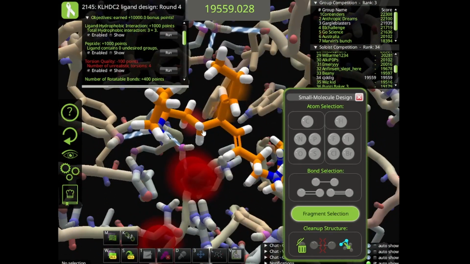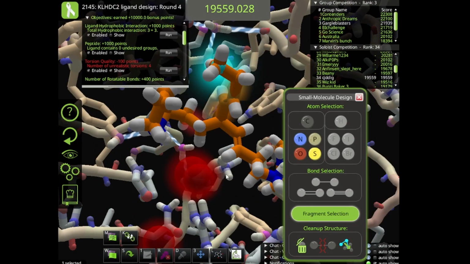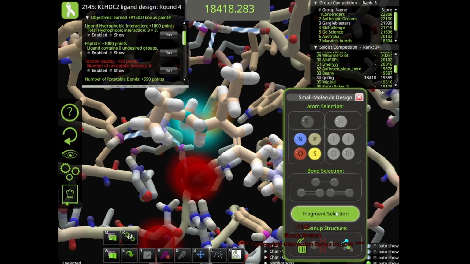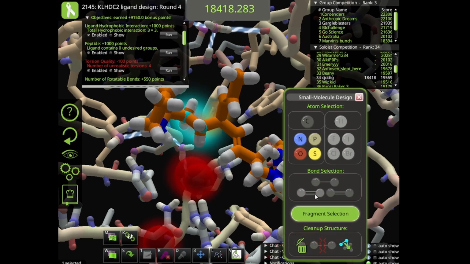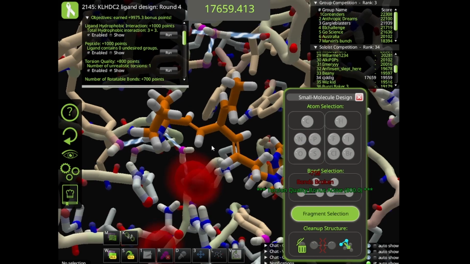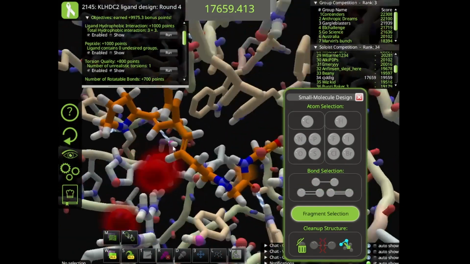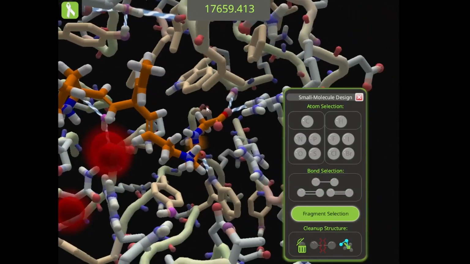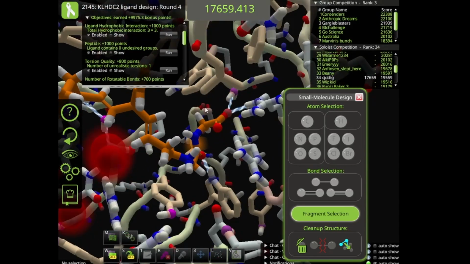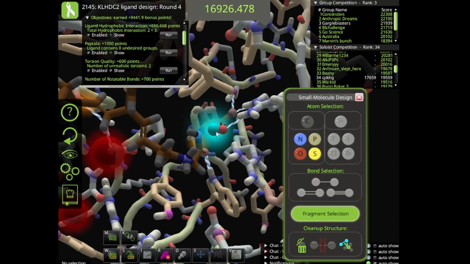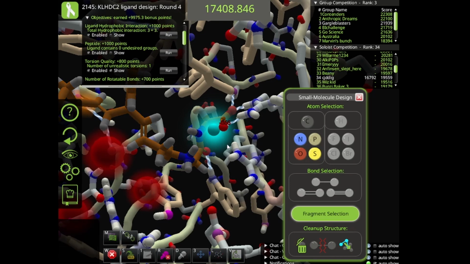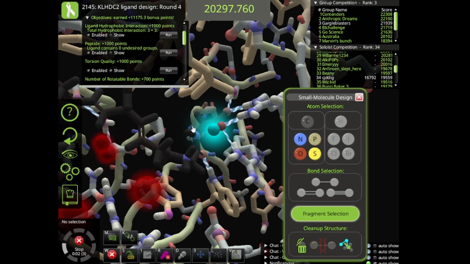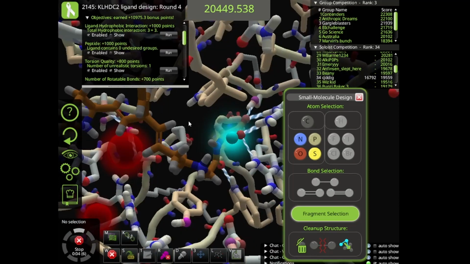This is hard. So I will remove this and make the double bonds here. Then torsion quality will be improved, but oh, nice.